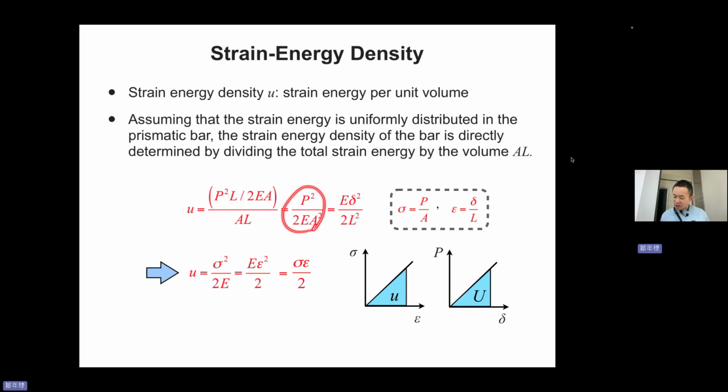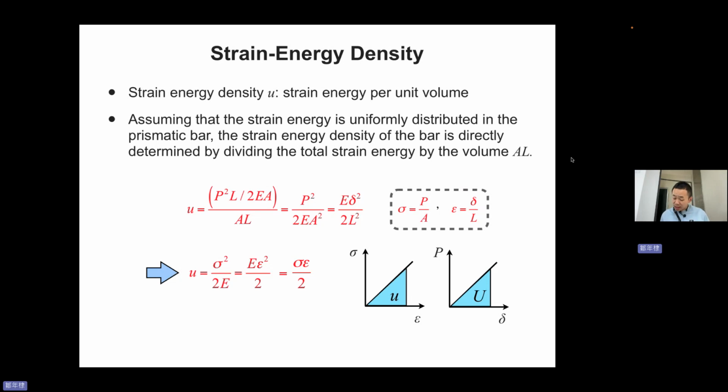And you have sigma equal to P divided by A, epsilon equal to delta divided by L. Ta-da. Okay, so you can have this one. And then you notice that u equals sigma epsilon divided by 2.